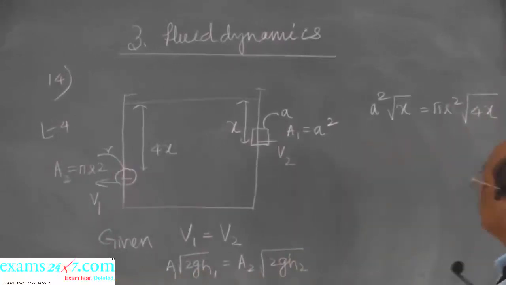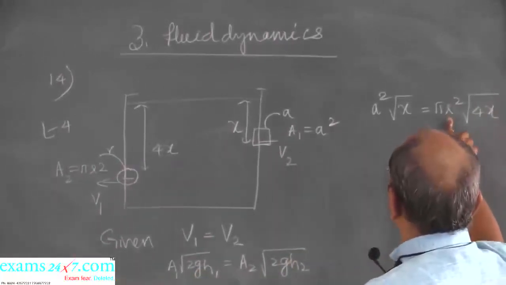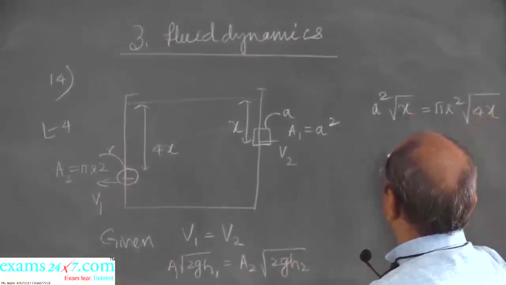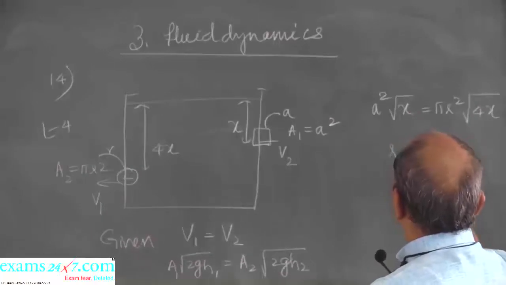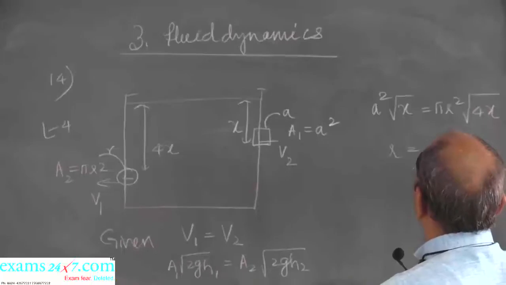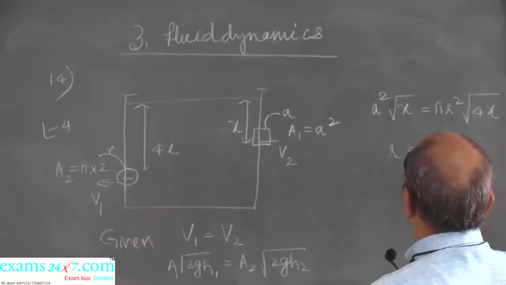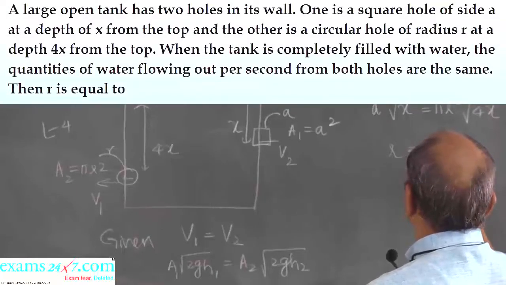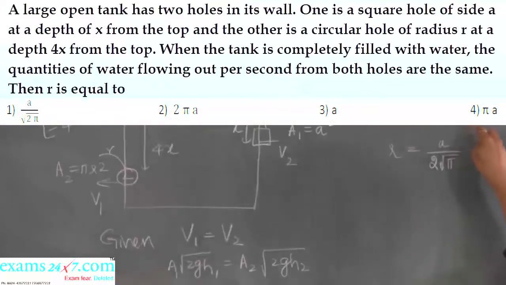You require r; x cancels, and r is equal to A upon 2 root pi, because root 4x is 2 root x. So here, 1 upon root 2 pi, option number 1.